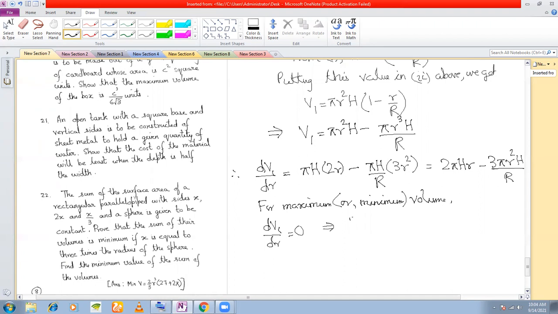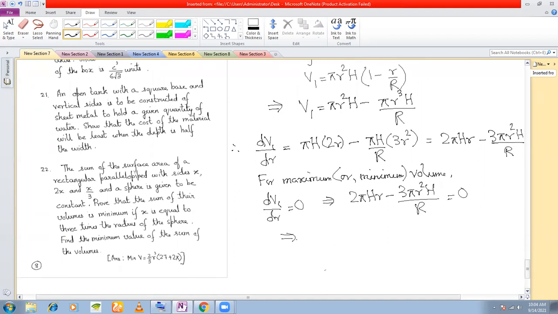That means you get 2πhr minus 3πr²h/R is equal to 0. Now from this, you can take πhr common, to get 2 minus 3r/R is equal to 0.